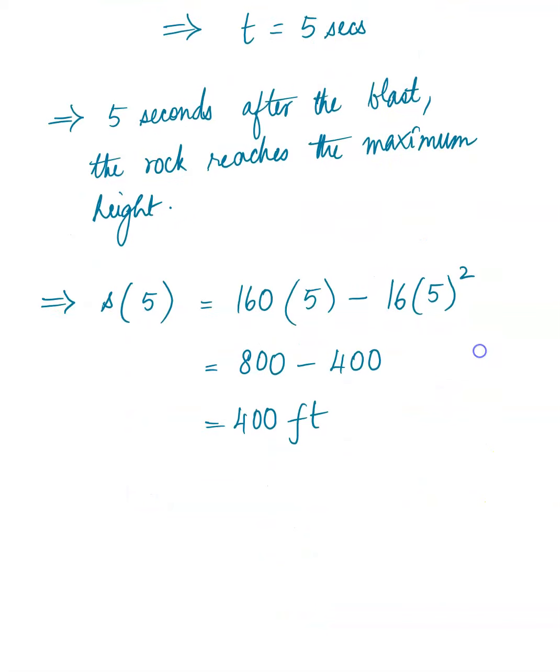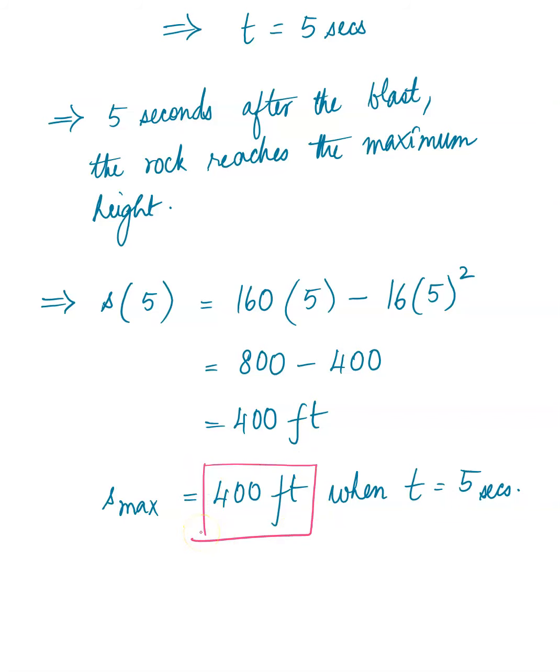So we actually found S max is equal to 400 feet when the time is 5 seconds. So the actual answer was 400 feet. Don't just stop with t equals 5, because that is only needed to help us get to the S max.